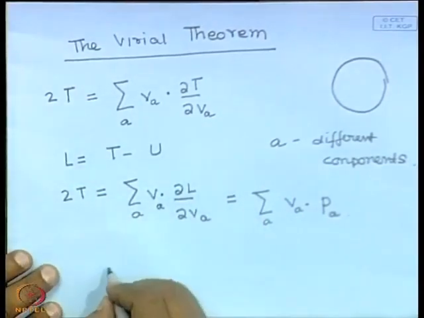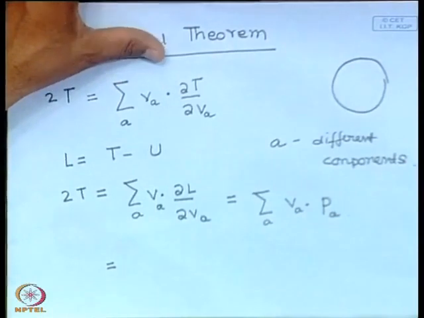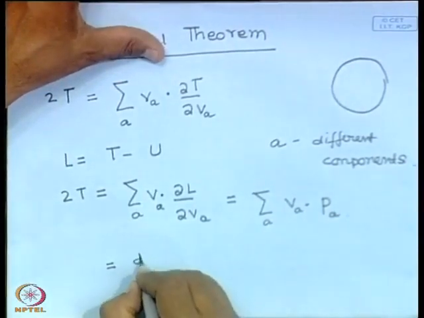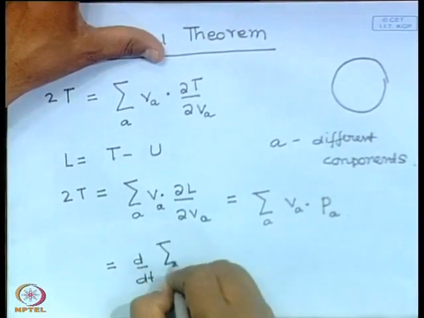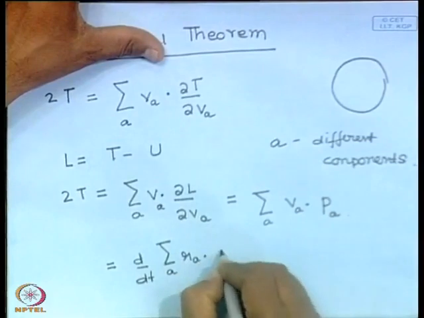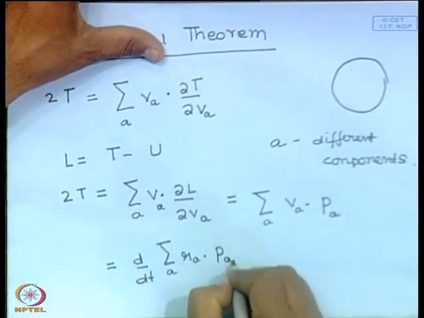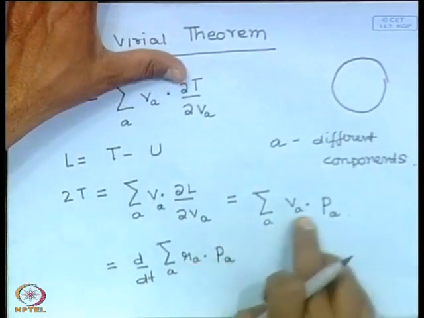And this can be written as a sum of two terms. Now we can write it as d by dt of the sum over A of r_A dot p_A. I can differentiate r, I will get back this term.